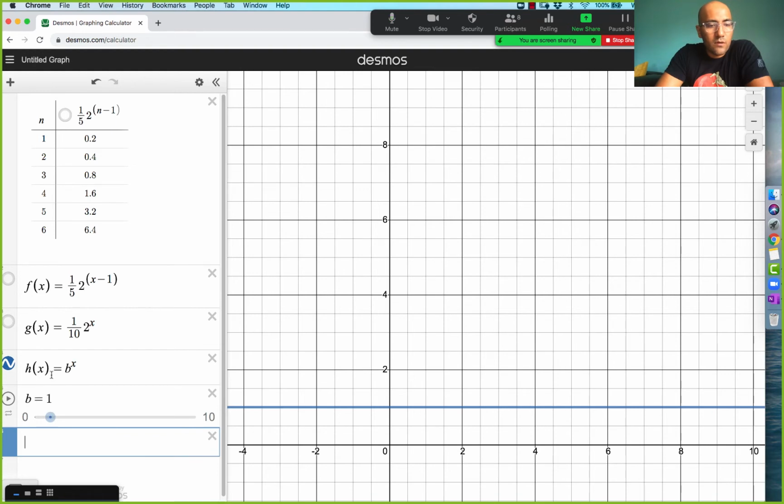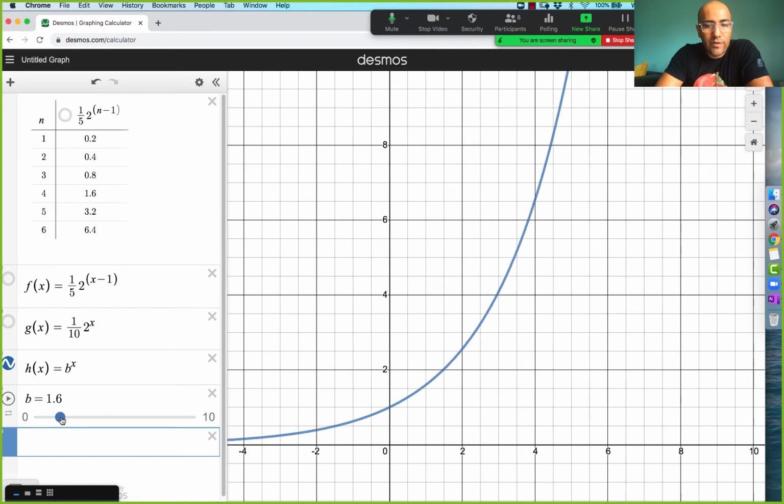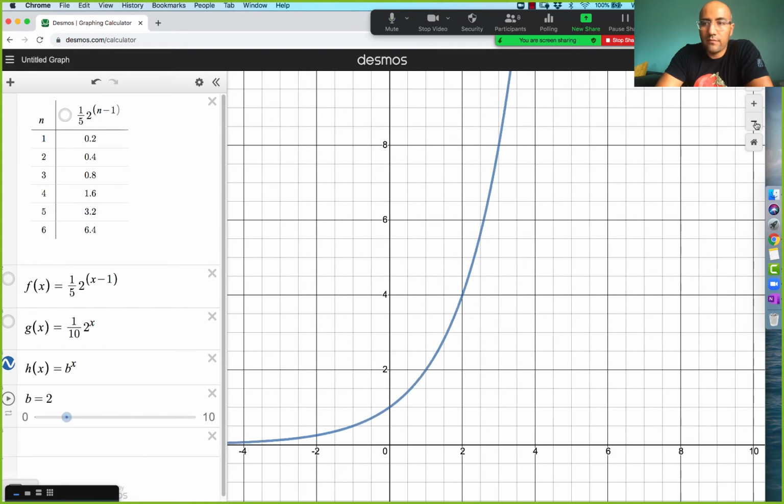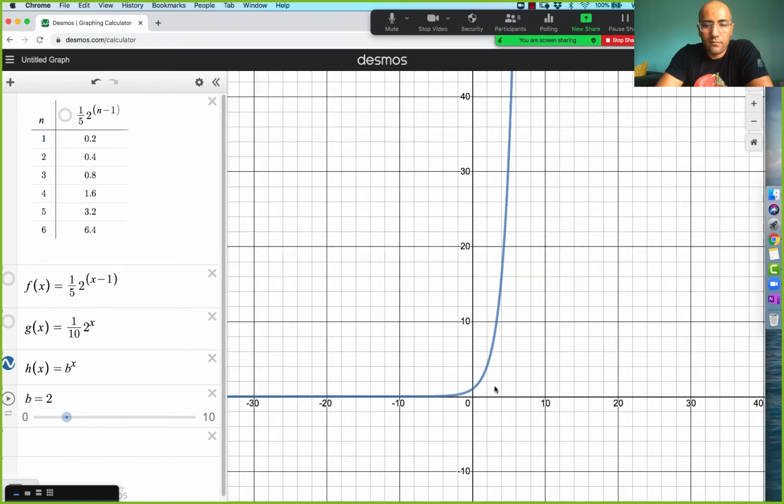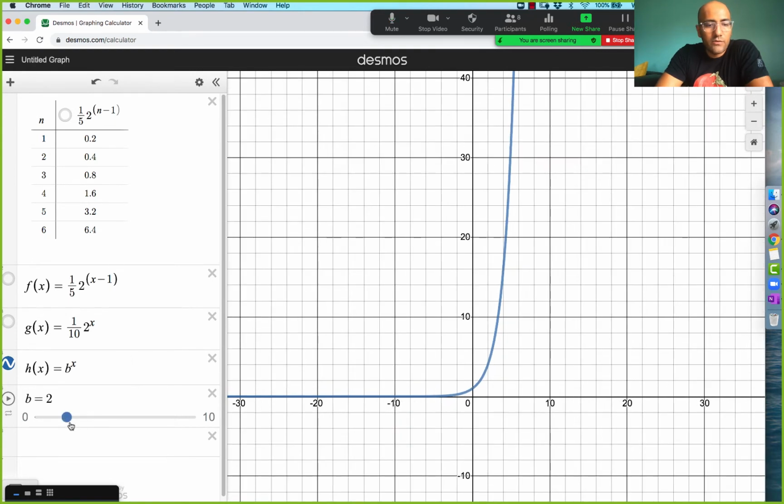Okay, so b to the x power. When b is 1, we just have 1 to the x power, and we have a horizontal line. That one's boring. But as it gets bigger than that, we end up with this shape. Let me zoom out. Good. So when the base is strictly bigger than 1, we always have this sort of shape.